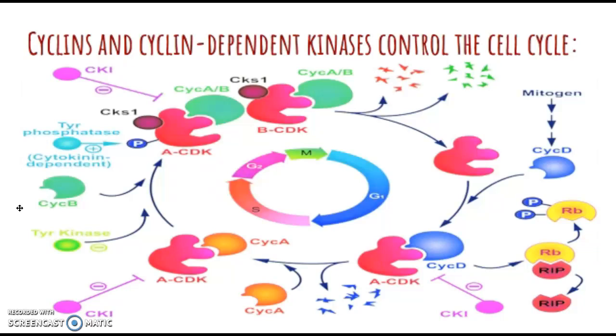The purpose of cyclins is to control the cell cycle by activating enzymes. As you can see, the diagram shows how the cyclins bind to the kinases.